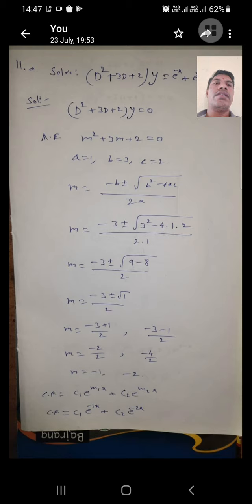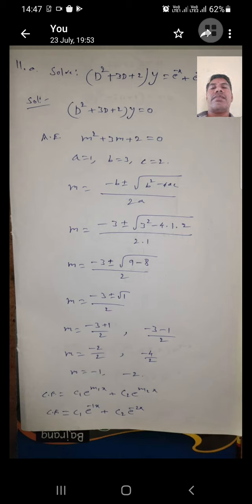So first consider it as equal to 0 for CF. In the same way, if you don't know the PI, at least find CF, then go for PI.